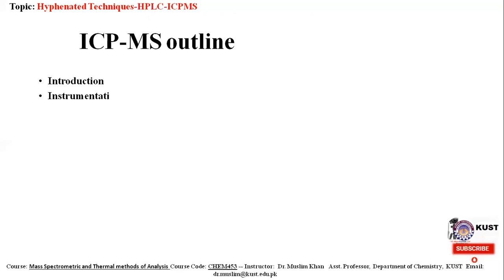First of all, we will discuss the introduction of ICPMS: what is ICPMS, when HPLC through this interface is connected to the ICPMS, what is happening to the analyte, how does ICPMS work, and what are the different parts of the instrument. First, how the sample is introduced when it goes from the HPLC system through the interface into the ICPMS system.